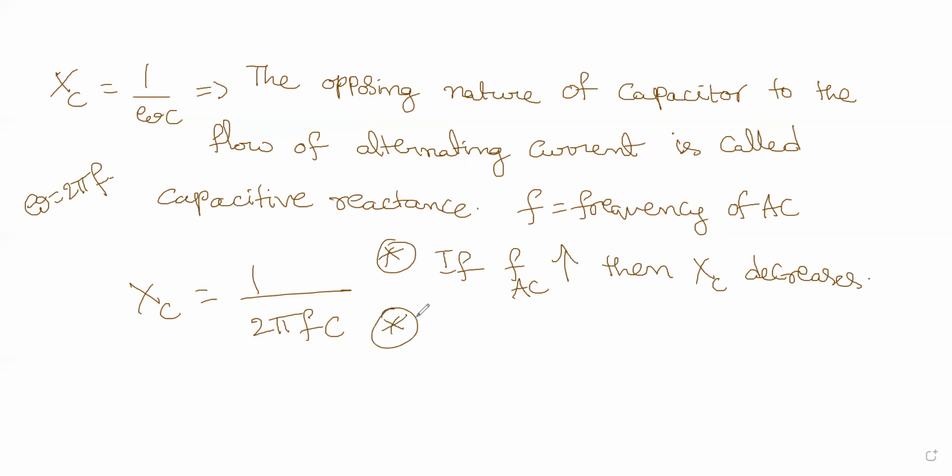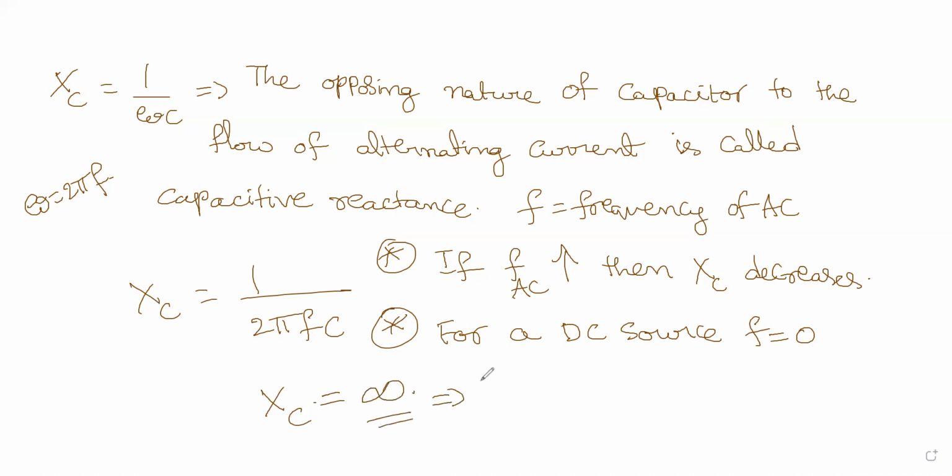And now the next one. For a DC source, the frequency will be 0, which means that Xc will be infinite.